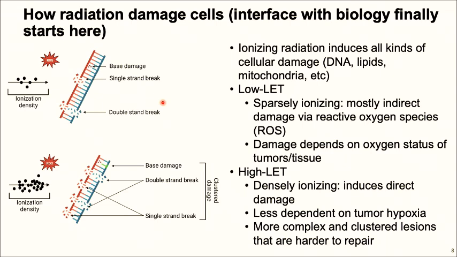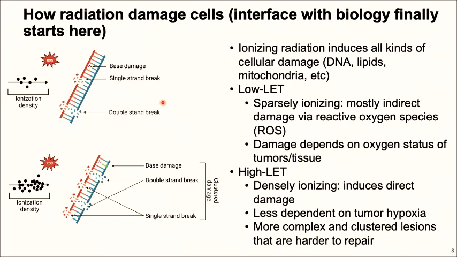As I mentioned, low LET radiation is sparsely ionizing, and what happens is that there are oxygen or water molecules inside of the cell. The low LET radiation interacts with these molecules and produces free radicals or reactive oxygen species that then, in turn, interact with DNA and damage DNA.